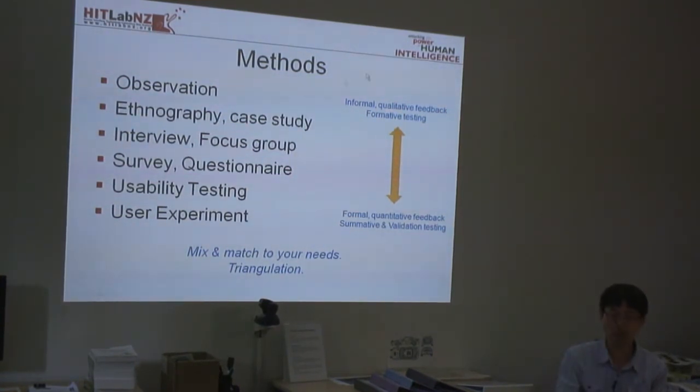At the early stage, you might use some informal methods such as observing the user and asking some questions. Of course, interviews can also be very formally structured, but at the later stage of your project, you might do more formal user experiments.